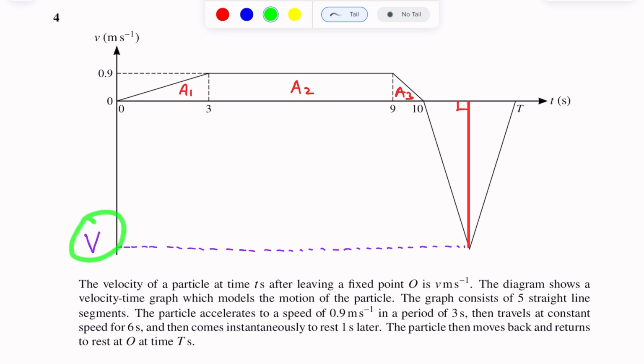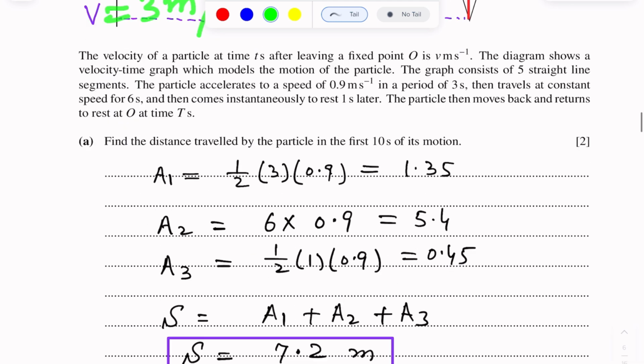Now this velocity and this speed is considered as the greatest speed, that is 3 meters per second. V is equal to 3 meters per second.